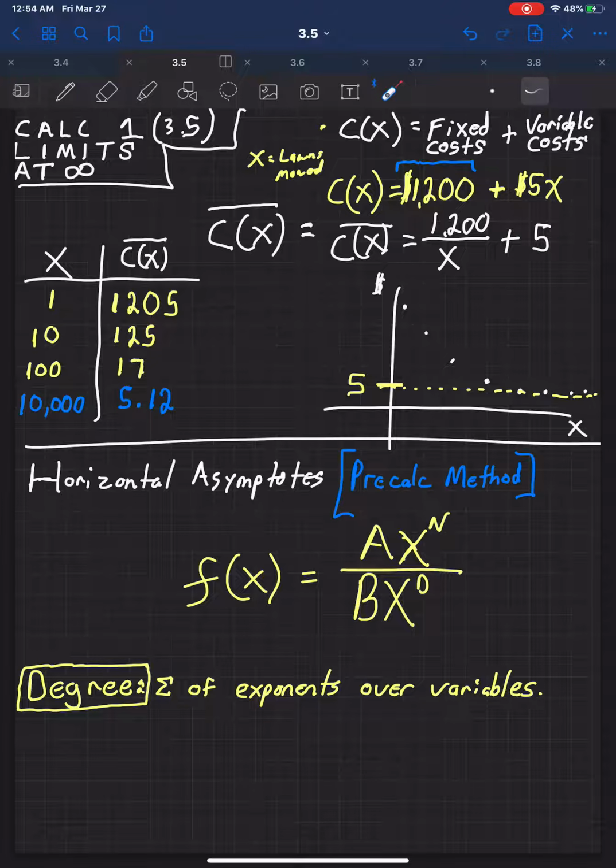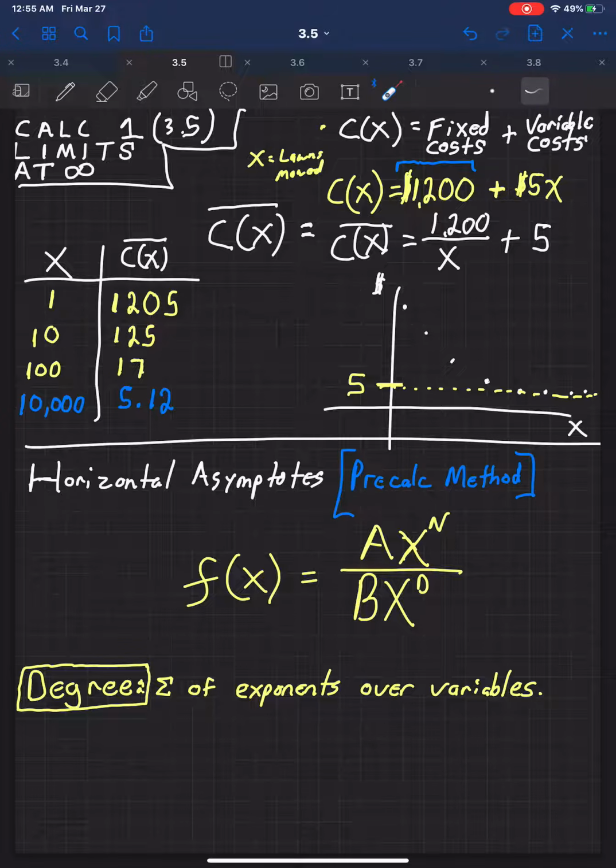And that makes sense because when you first bought that lawnmower, your average costs were really high, but after you've mowed thousands of lawns with that same lawnmower, the average cost to keep mowing is decreasing, but it doesn't decrease forever. There is a horizontal asymptote.